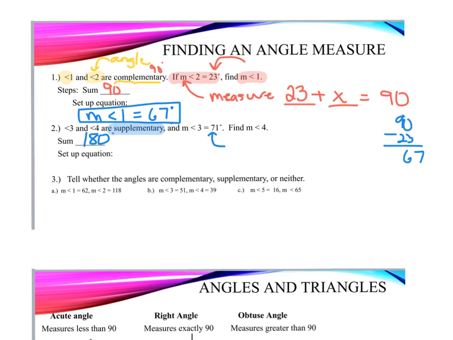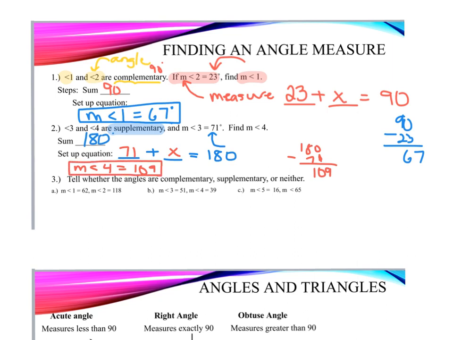Once again, I have two angles that add up to be 180. I know one of them, 71. I do not know the other. Let's designate that as x. Okay, so off to the side, 180 minus 71. Got it, 109. Okay, so the measure of angle 4 in this case would be 109.